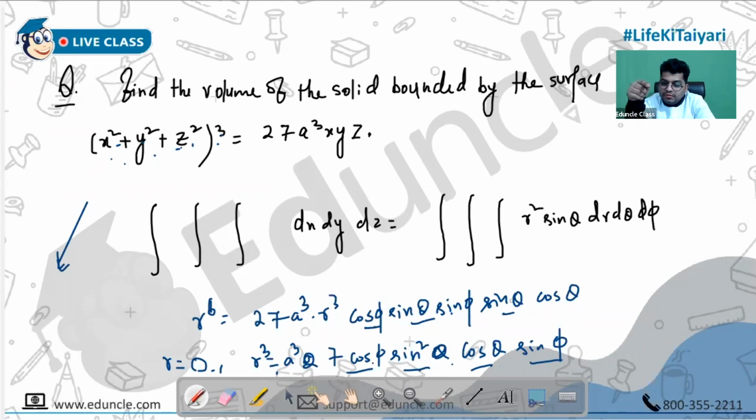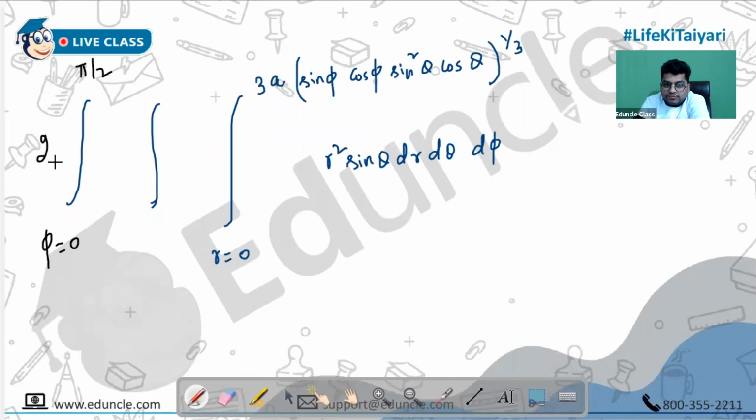So what we will do? We will take 0 to π/2, because this is symmetric in this and this. Whatever surface you give me, that surface will also be on that. So we take 0 to π/2 two times. Can I write 2 times of 0 to π/2?